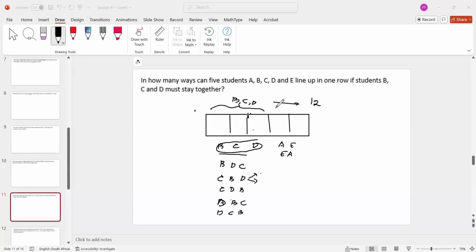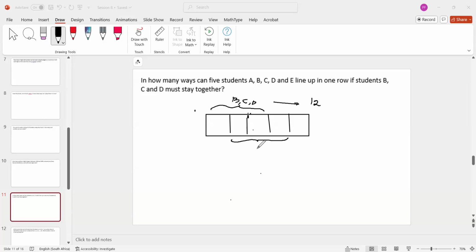But now they say only that they must stay together, but they don't have to be staying where I just put them now. They are only supposed to be together. I could have put them together here, or here, the second, third, and the fourth.